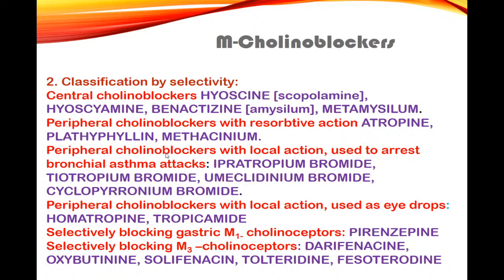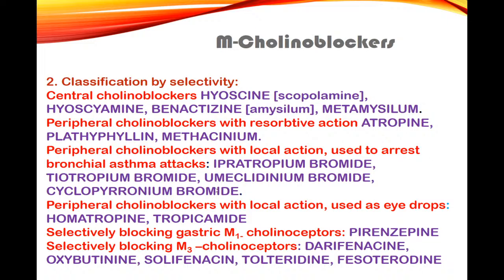Next group. Peripheral cholinoblockers with local action. This is resorptive, this is local. Why local? Because these agents act only locally. They poorly penetrate through membranes. Exactly these drugs are used for bronchial asthma, not obligatorily for attacks but for prevention.